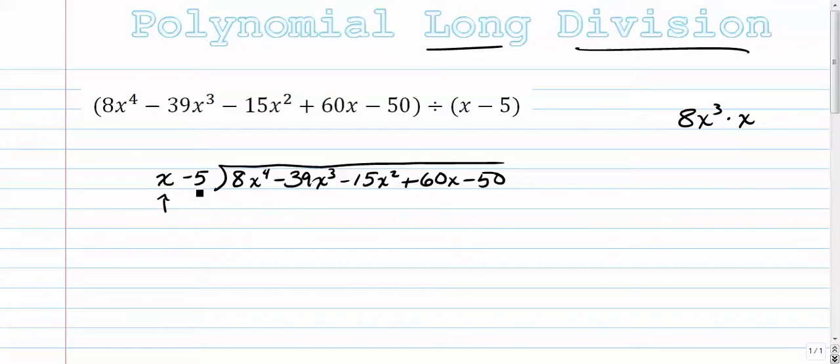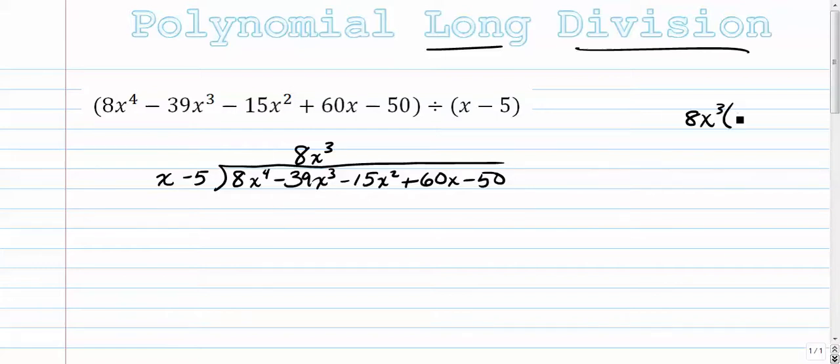He's going to be kind of along for the ride. So 8x to the 3rd times x is 8x to the 4th, which is what we wanted. We put the 8x to the 3rd in the correct spot, above the other cubic term, and then we multiply right back down to the bottom.